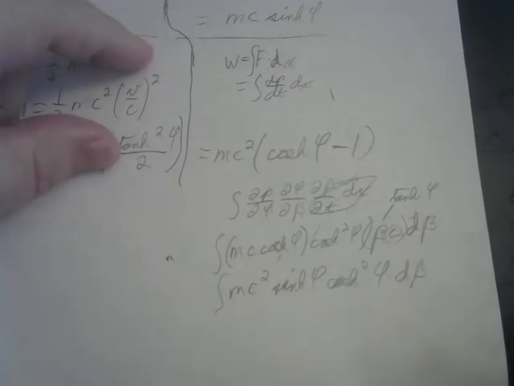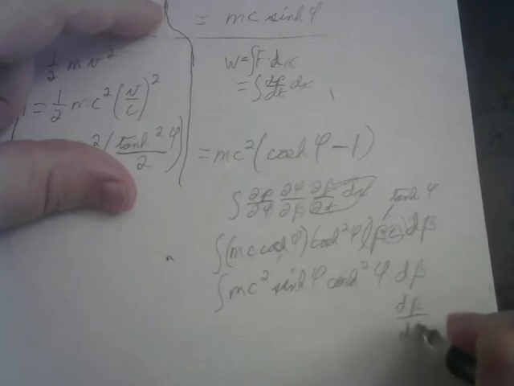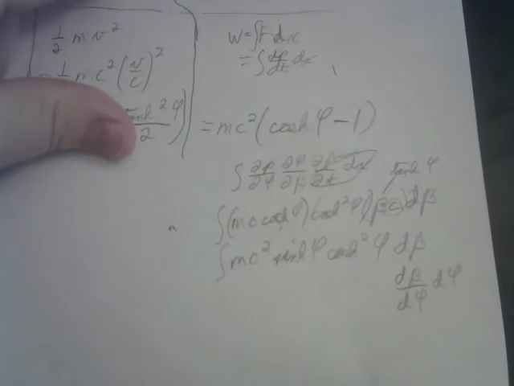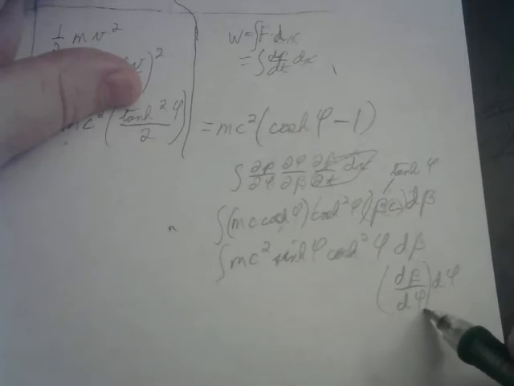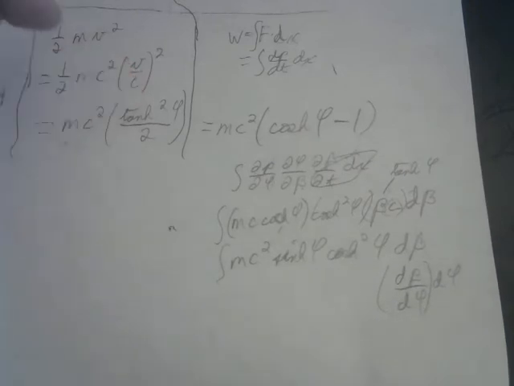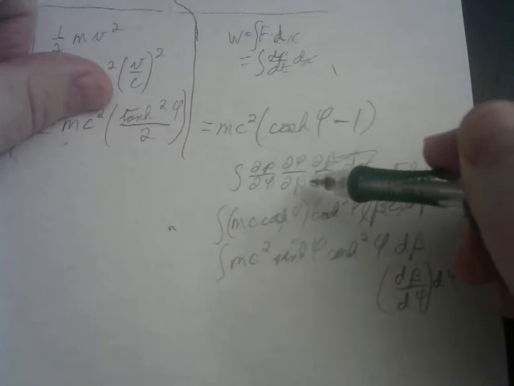But that isn't satisfactory, so let's multiply that by d phi over d phi, so that we have d beta d phi, and d beta d phi, what we saw earlier, d phi d beta was 1 over cosh squared.